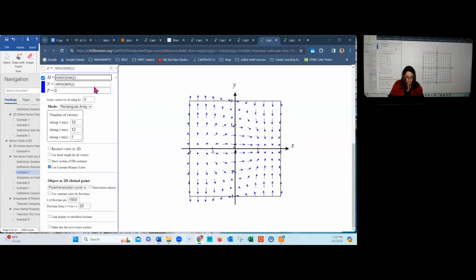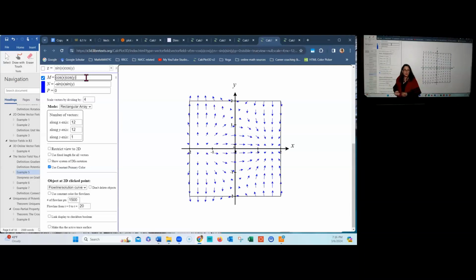In CalcPlot 3D, you plot the first component, P, as M, and the second component, Q, as N. Notice the third component is 0 because we are not trying to plot it as a three-dimensional vector field. Notice also that we have only one graphed along the z-axis because, again, it's two-dimensional.